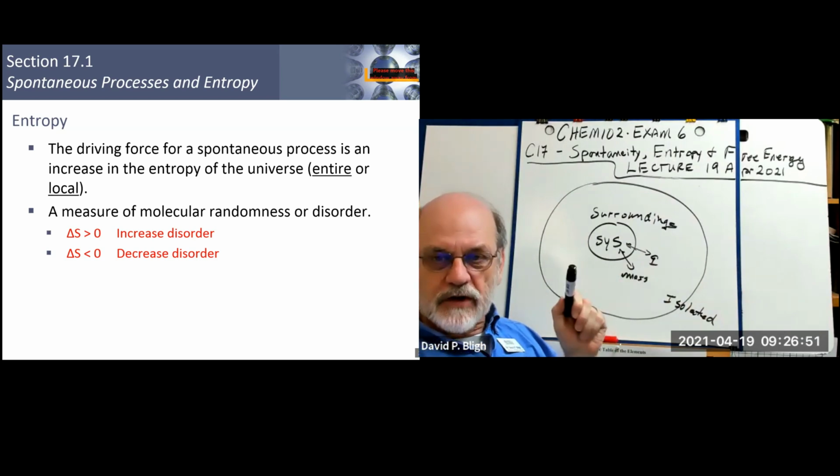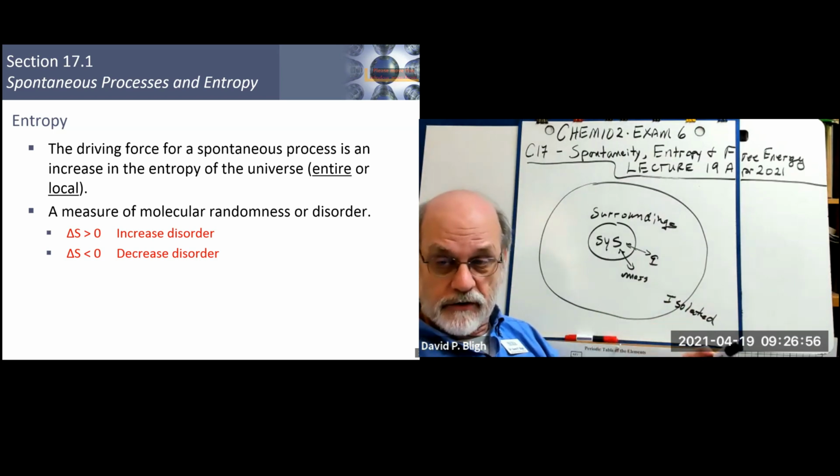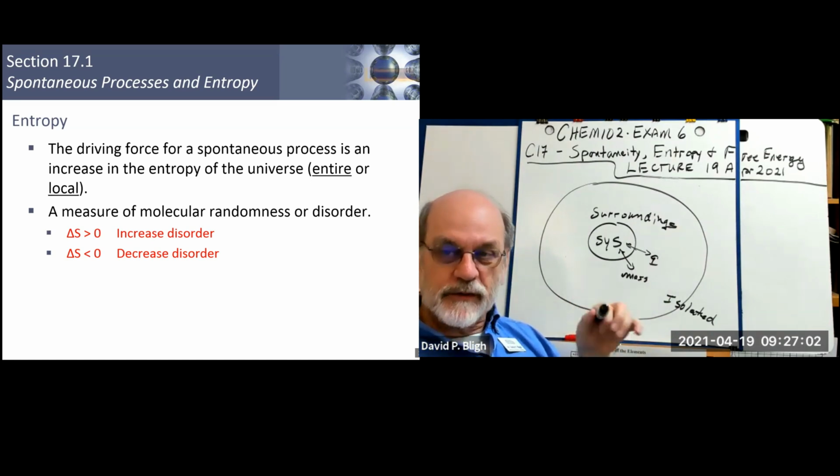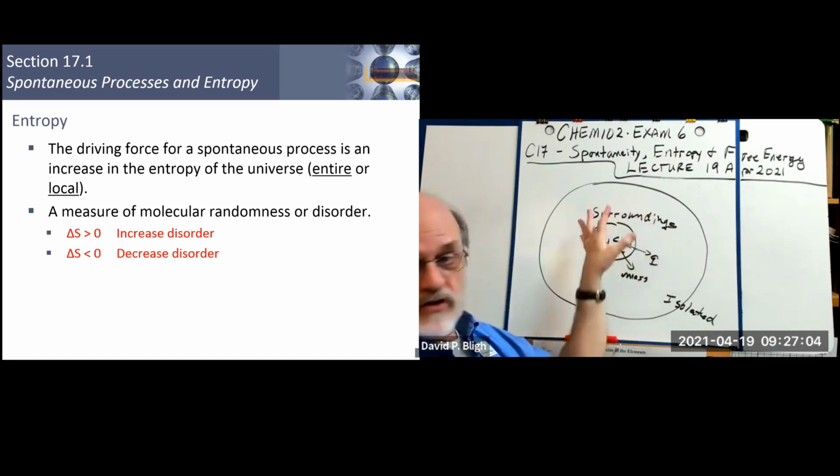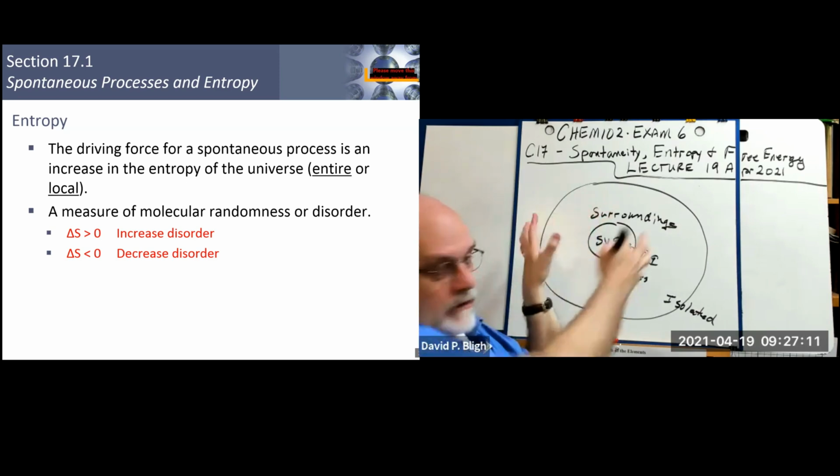So when your textbook talks about universe, sometimes they mean the real universe with a capital U, everything. But sometimes when they say U with a small u, they mean this situation where we've isolated the surroundings and the system, and we can discuss them in detail.